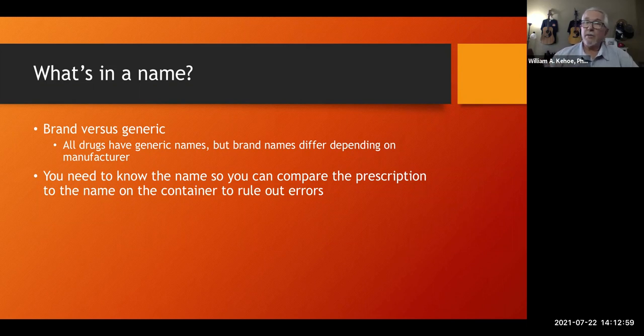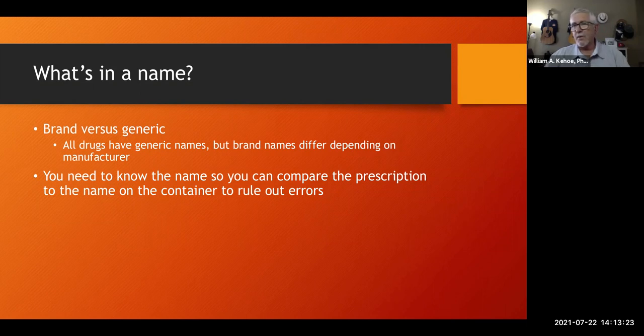Well, you want to be able to compare what's on the label of the prescription bottle to what's on the medication administration record, or the MAR, as we call it, so that you can avoid making mistakes. Again, I'm going to give you resources where you can look these things up if you need to, but the generic will be on the prescription container that comes from the pharmacy.